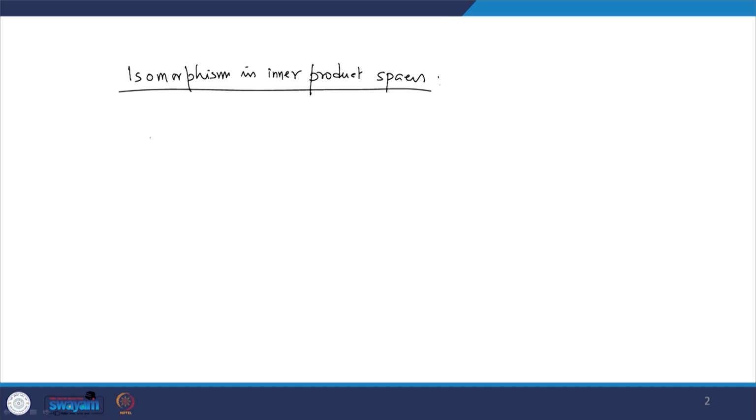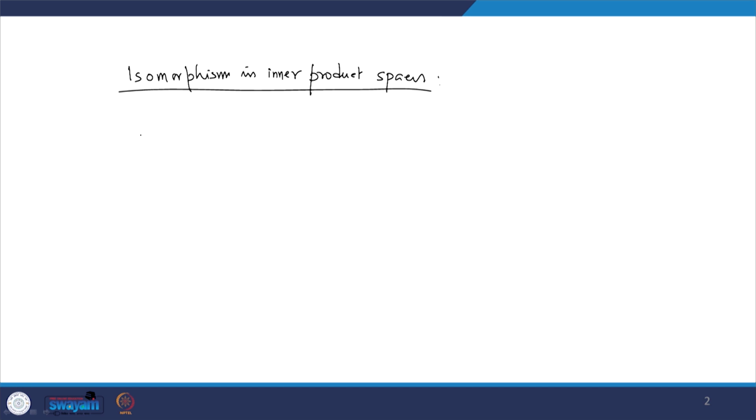Isomorphism in vector spaces we have defined is a linear transformation from V to W, where V and W are defined over the same field, and if the linear transformation is 1-1 and onto, then we say that T is the isomorphism from V onto W. Now, in the case of the isomorphism in inner product spaces, we are looking not only that T will be 1-1 and onto, it also has to preserve the inner products in the spaces.